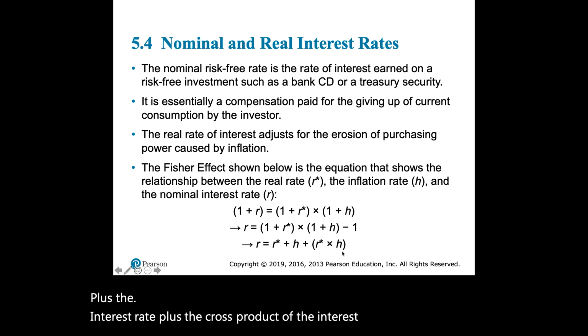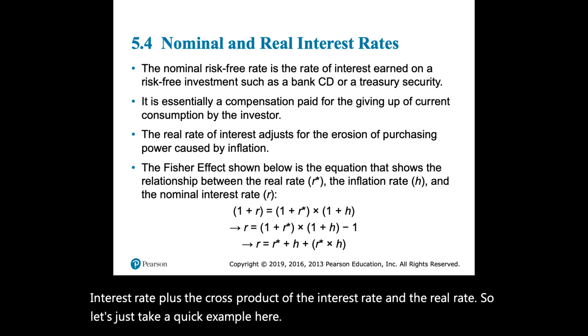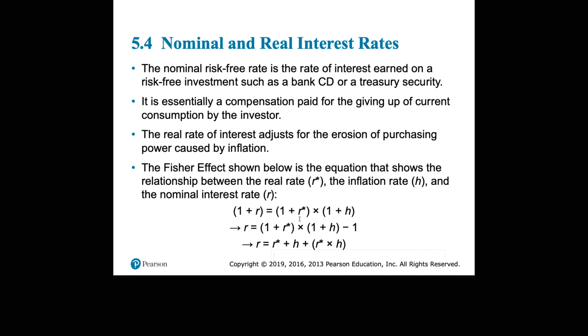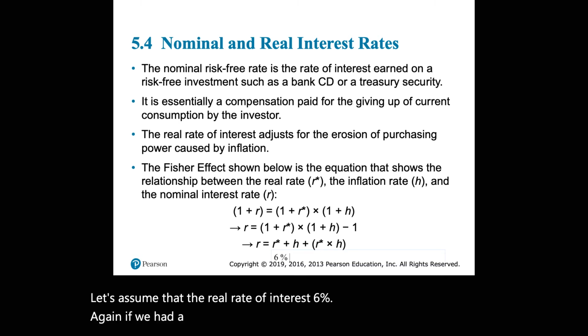So let's take a quick example here. Let's assume that the real rate of interest is 6%, okay? Now, again, if we had a 6% return on $100, if we didn't consider inflation, we wouldn't truly get a 6% return.